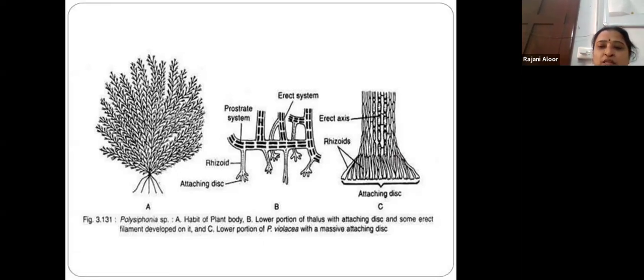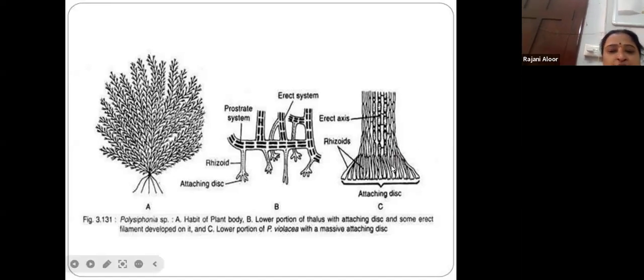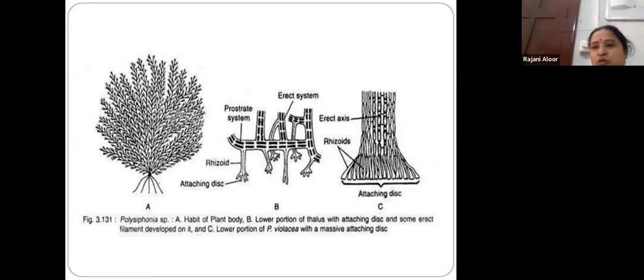You can observe that this is the rhizoids. These rhizoids are much lobed at the apex, with a defined disc attachment also. See, you can observe in the diagram, this is a disc attachment. The best examples for this prostrate system are Polysiphonia nigrescens and Polysiphonia urceolata.